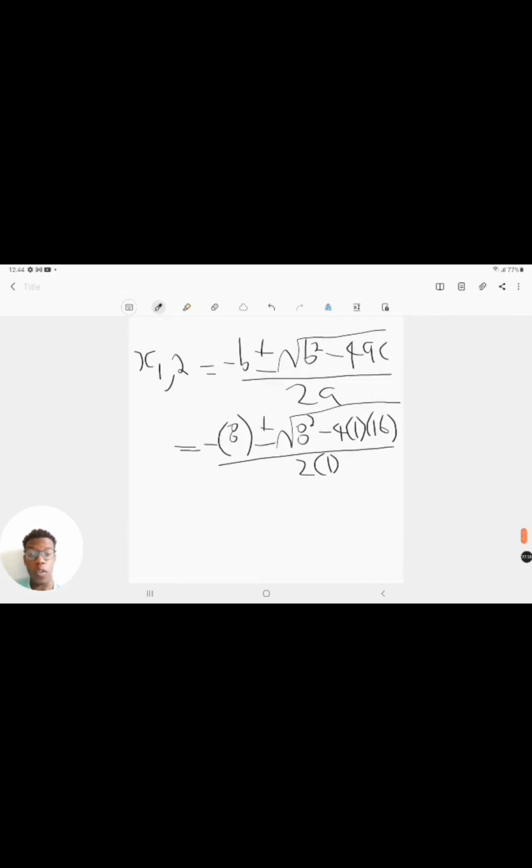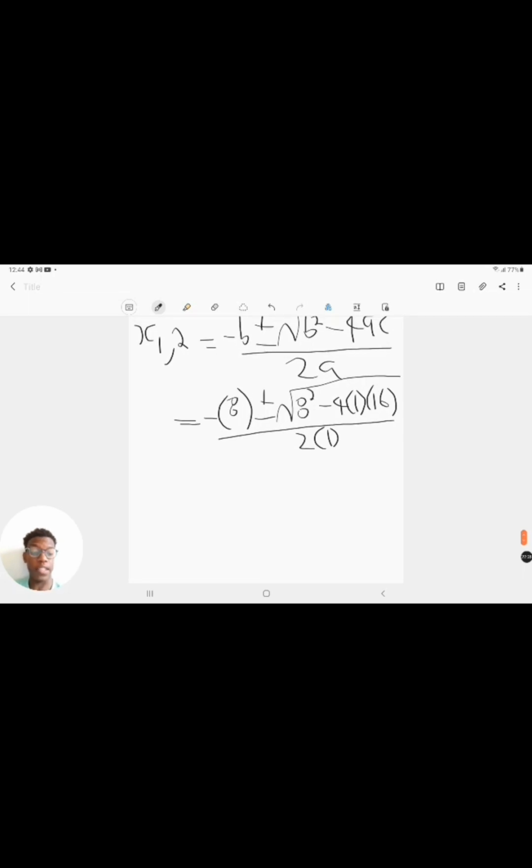Remember, the whole point of the quadratic formula is to help us find the x-intercepts of our quadratic function. That's all that we're doing here. You could do the same thing by factorizing. So we've got minus 8 plus or minus the square root of 8 squared, which is 64, minus 4 times 16, which is 64.